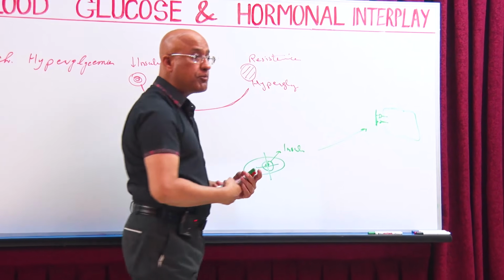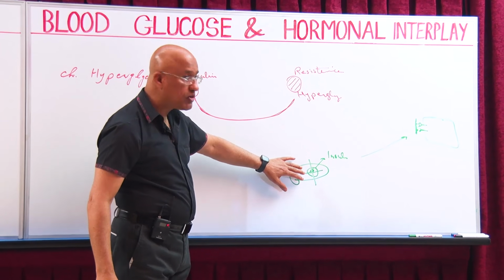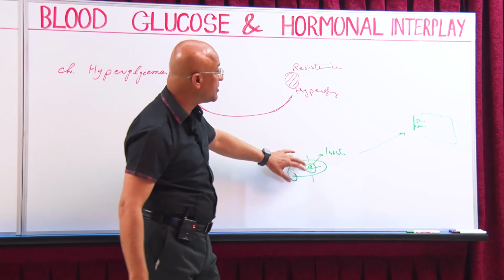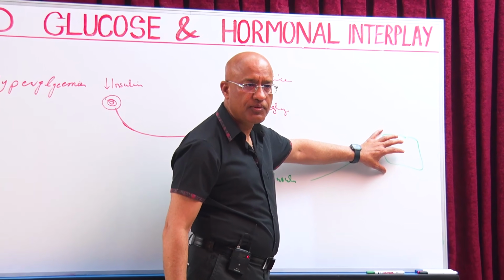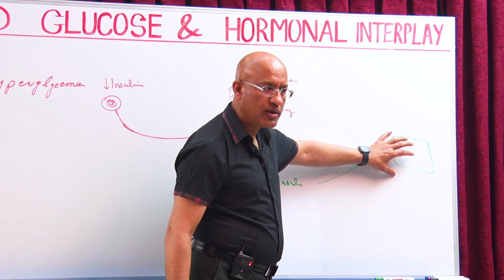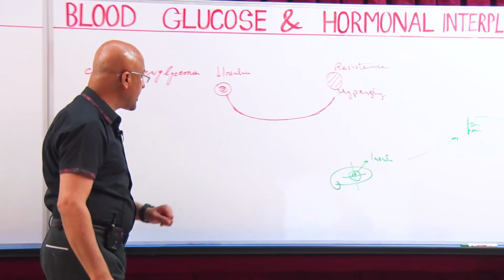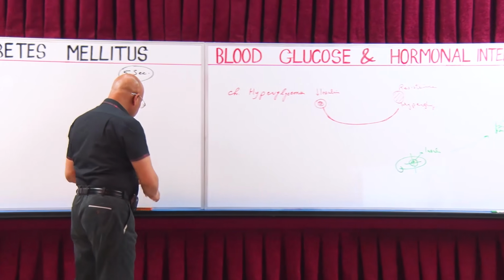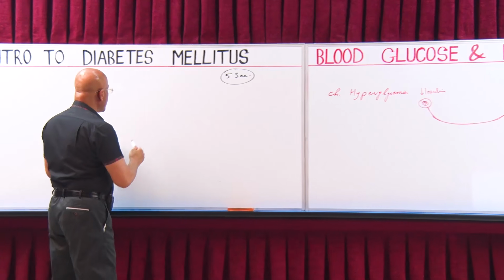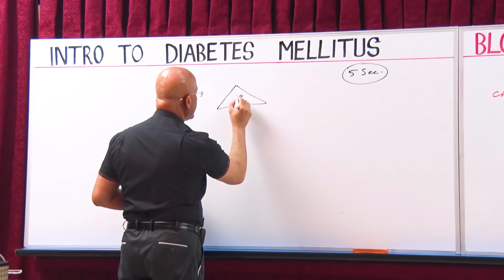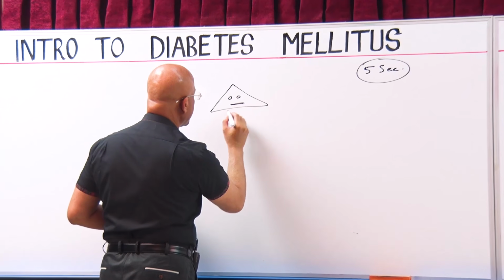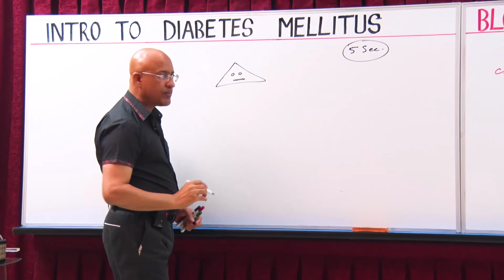that in some of the types of diabetes mellitus there is reduced production as well as increased resistance to the action of insulin. Is that right? Now we come back. Let's make it a diabetic monster, right?